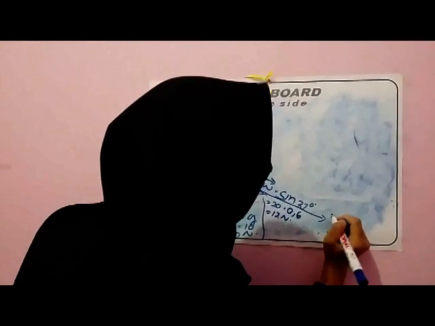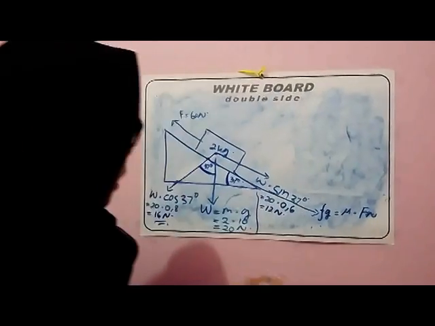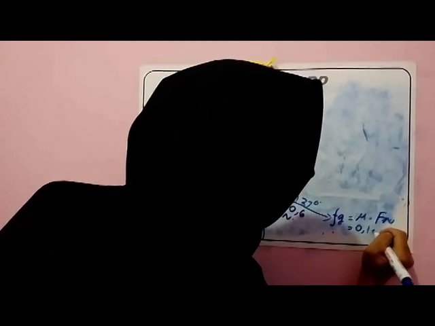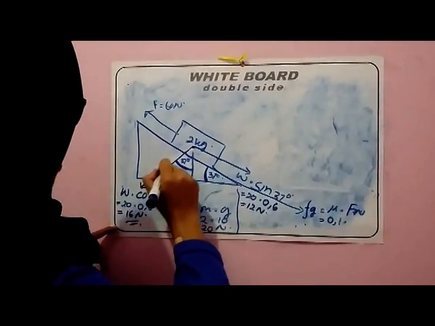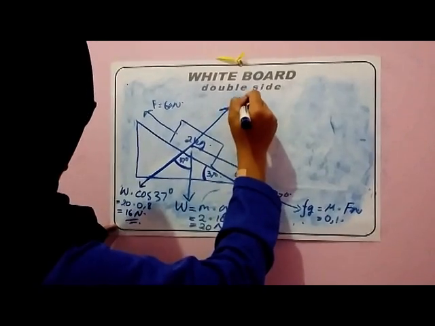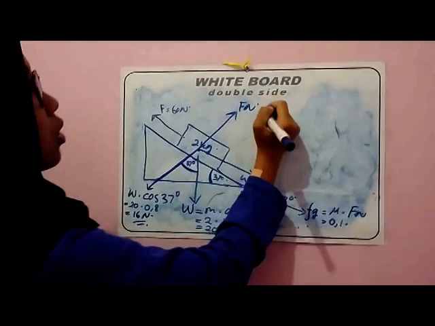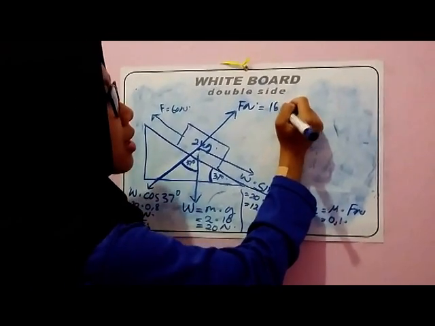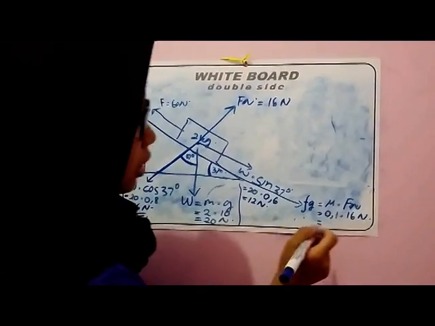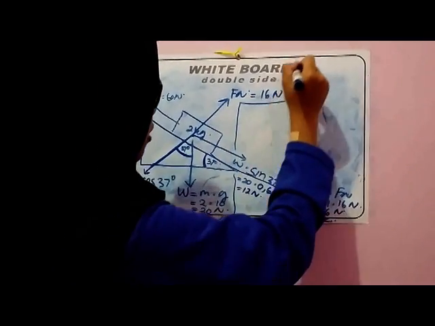The friction is mu times normal force, and the mu is 0.1, and the normal force is the same with weight cos 37 degrees, so normal force is equal to 16 N. So the friction is equal to 1.6 N. So we can find the acceleration from this.